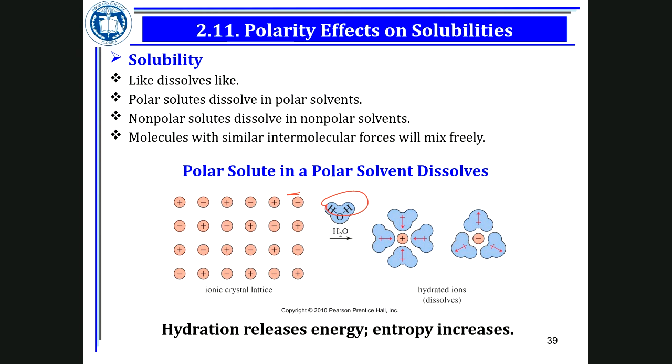Basically, when you add an ionic compound, it's going to hydrate and separate unless you have an insoluble compound. By nature, that means the bond between the ions of an insoluble compound, like calcium sulfate, is stronger than the attraction that is caused by water.